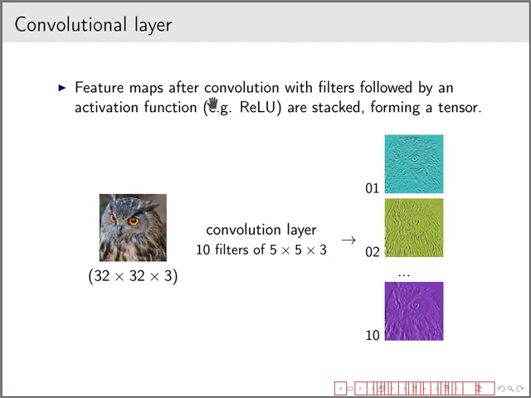Those feature maps are found after the application of an activation function. Often ReLU is used. And when I stack those 10 matrices, what I have is a tensor. I'm going to detail that later.